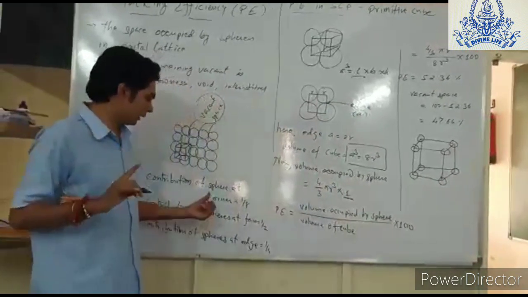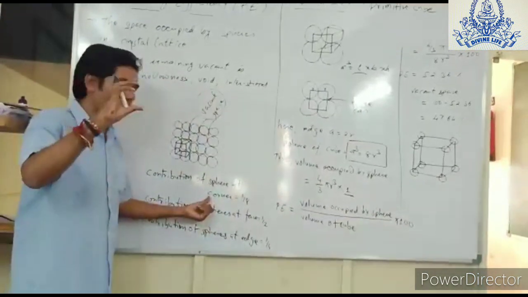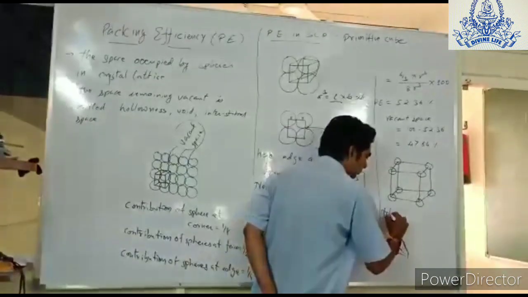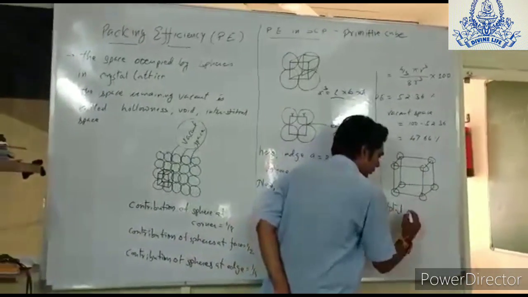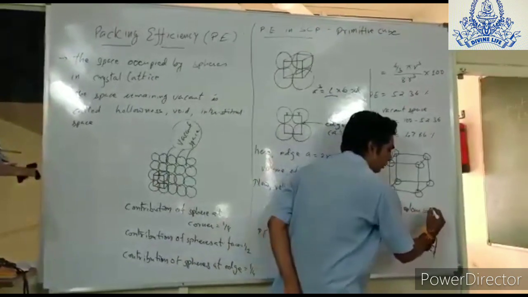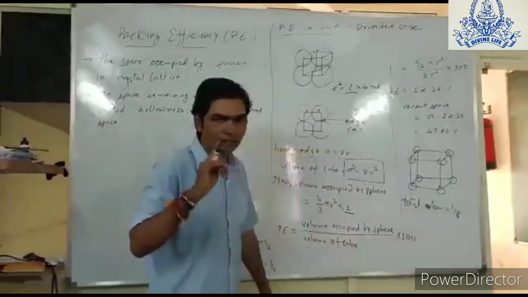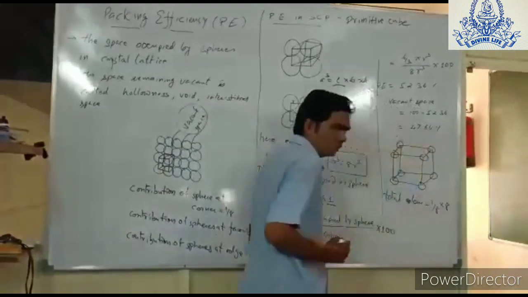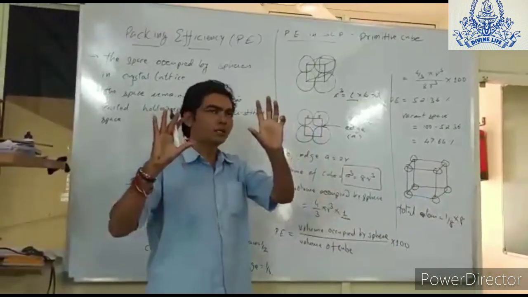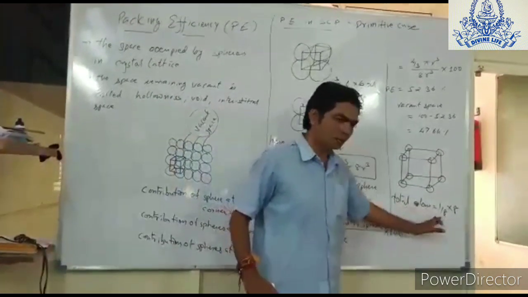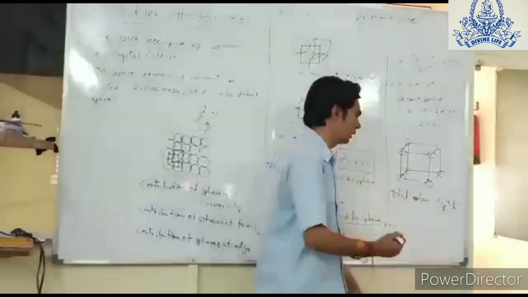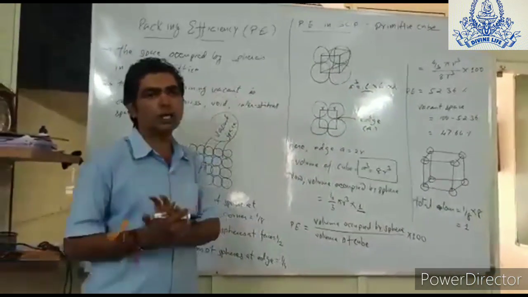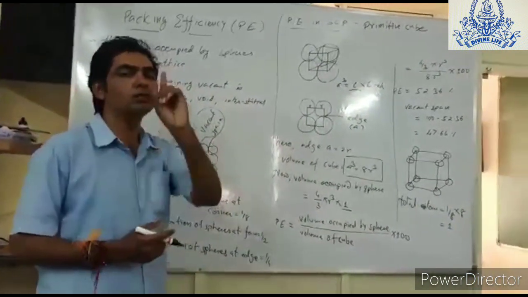But at each corner, the atom contribution is 1/8. So the total atoms or spheres will be 1 by 8 at each corner, and the total corners are 8. So 1 by 8 into 8 will be 1. So in SCP, the total number of atoms is always 1.